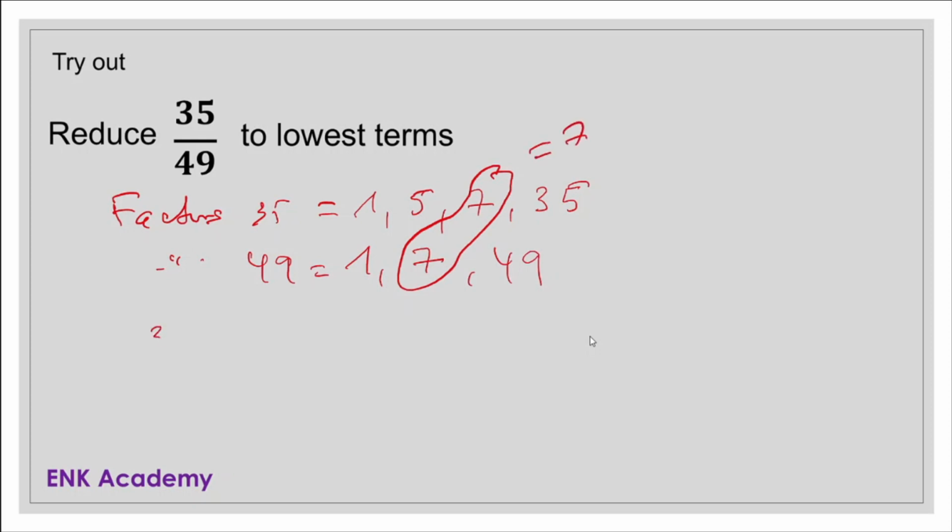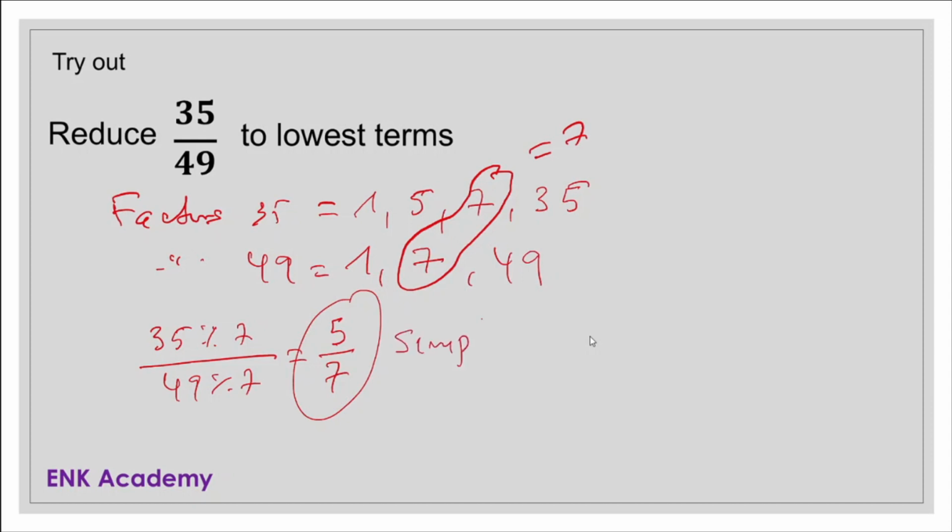We can then say 35 divided by 7, 49 divided by 7 equals 5 over 7, and this is the lowest term of this fraction, also the simplified fraction.